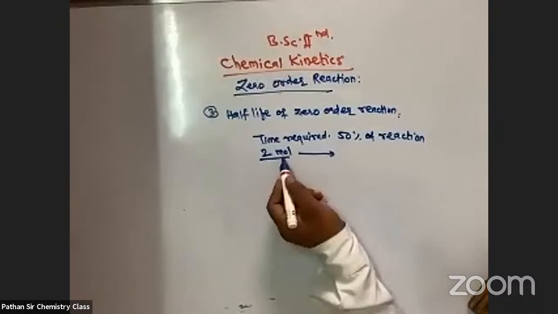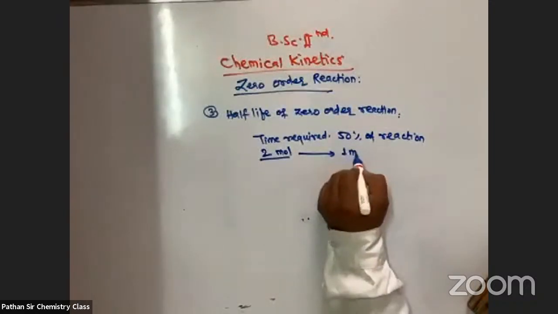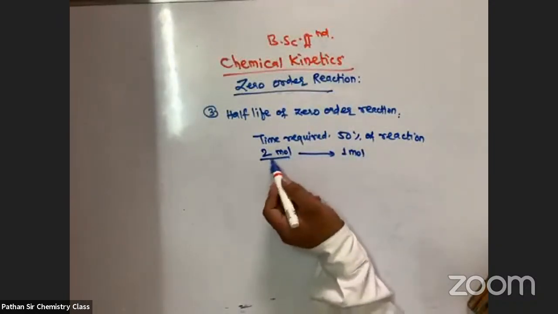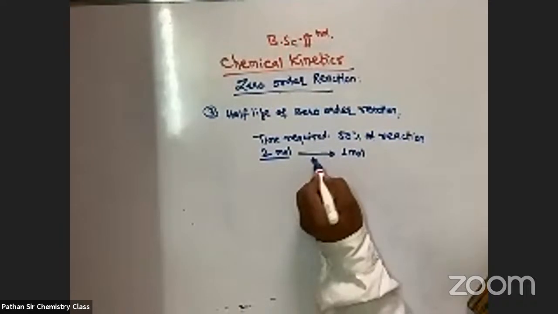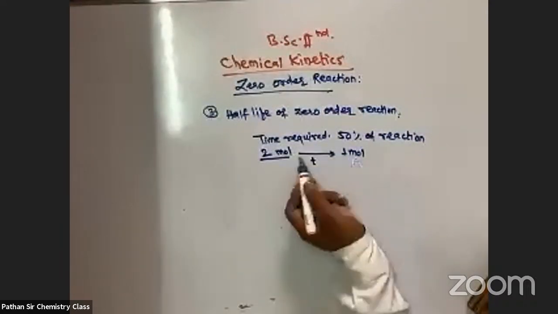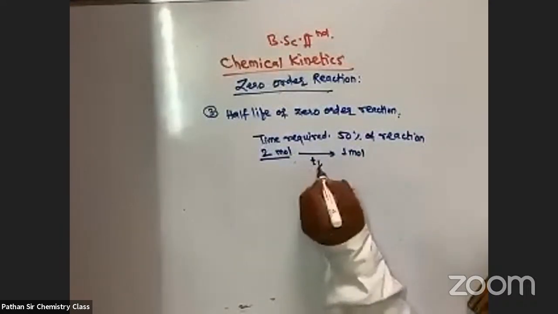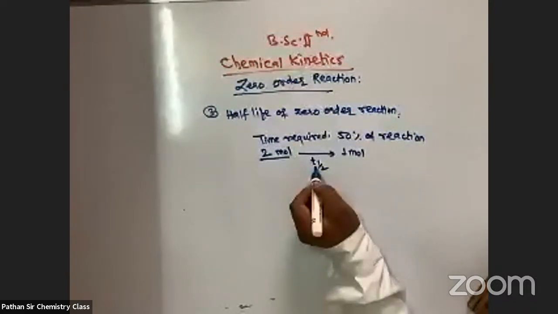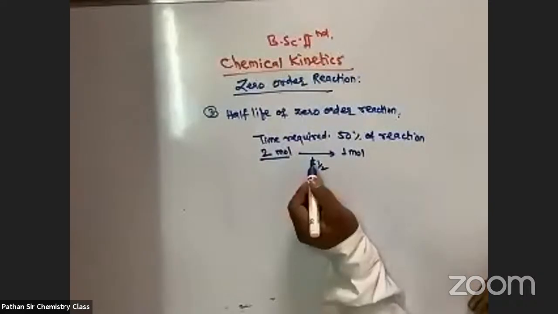Conversion of 2 mole to 1 mole: 2 mole was the initial reactant that was starting the reaction, and the remaining reactant after some time T is 1 mole, that means 50% of initial. Then that T is nothing but the half-life of the reaction.